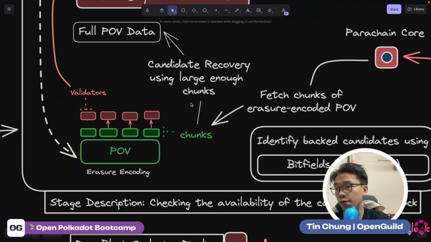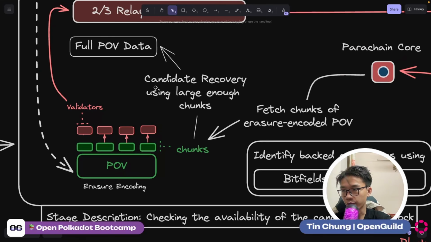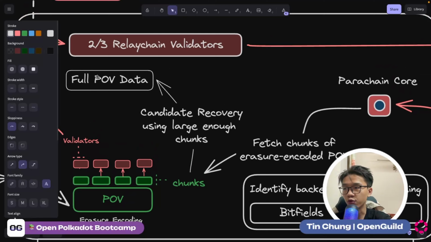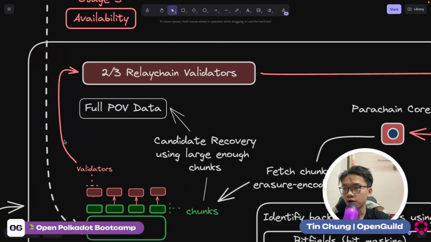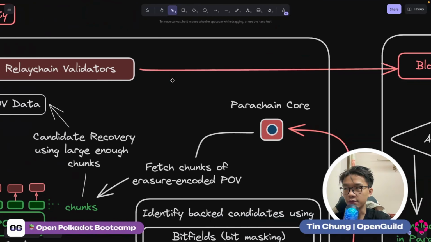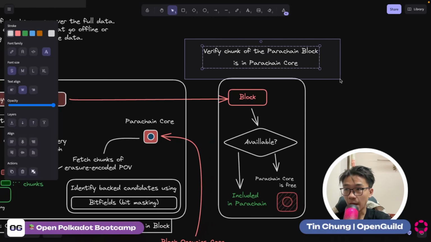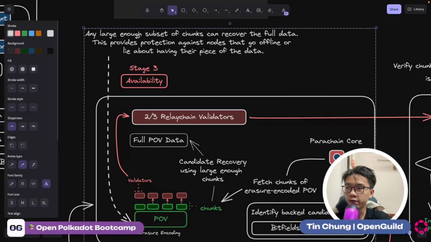So after fetching chunks of erasure-encoded PoV, the validator can recover the full data of the PoV, candidate recovery using large enough chunks, and then you have the full PoV data. Later on, the validator will send these to 2/3 of the relay chain validators, and this process happens on the Parachain core. Any large enough subset of chunks can recover the full data. This provides protection against nodes that go offline or lie about having a piece of data.